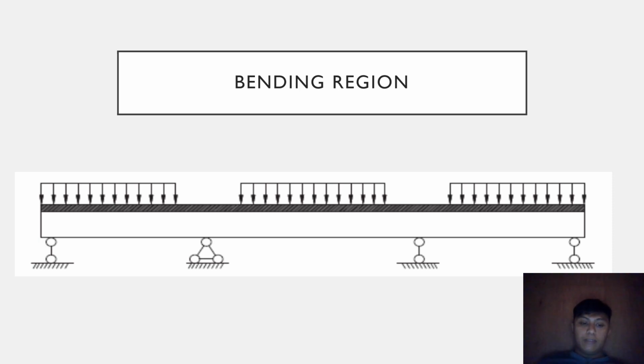Let me have this laser on. Negative bending, as I talked about earlier, occurs in the support part. Here we can see the moment, or the bending, is negative. Also here, negative, negative, and negative. For negative bending, the direction of the moment is counterclockwise.